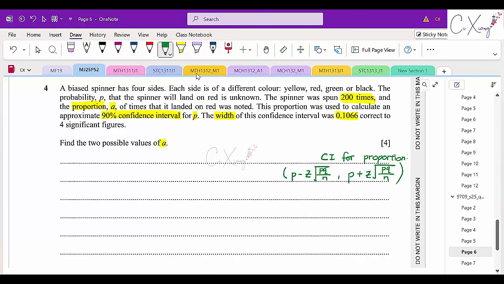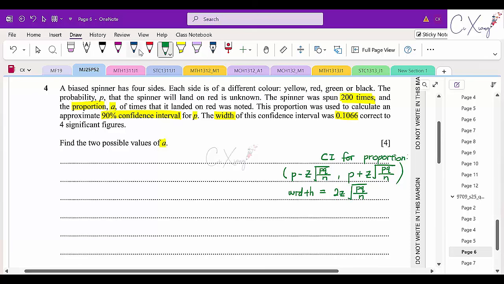And if you are talking about the width, that means you are taking the upper limit minus the lower limit. When you do that, you'll get the formula 2z square root pq over n.